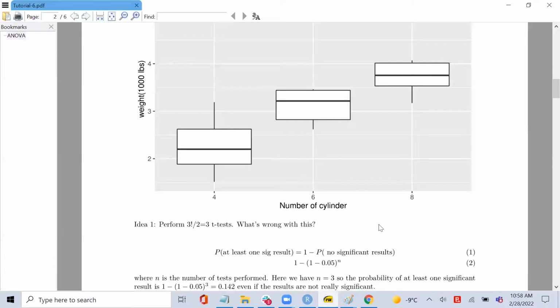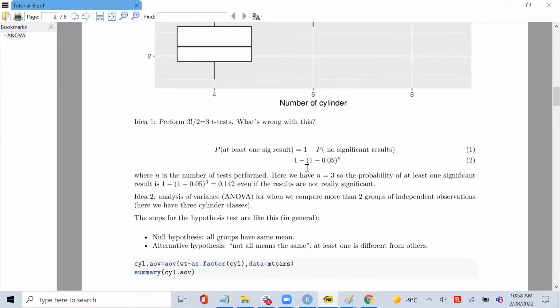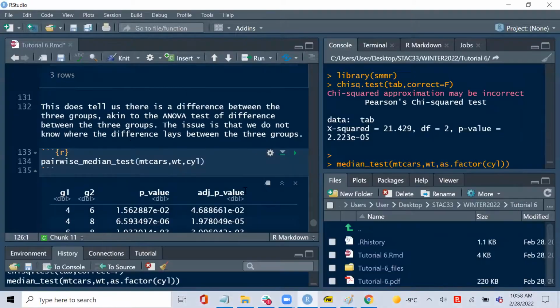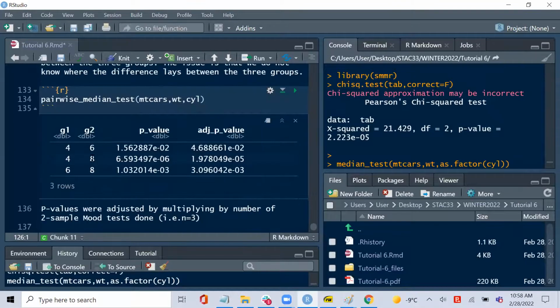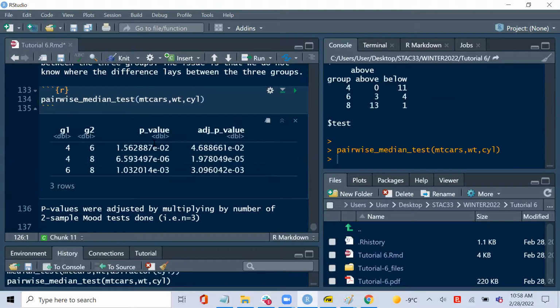Like I said before, going back to this thing here, this does increase the chance of finding a significant result. The way we adjust for this is the Bonferroni here. The adjusted p-value is actually 3 times the original p-value. The Bonferroni will multiply by the number of tests you performed. So if you take these p-values and multiply by 3, you get these ones over here.